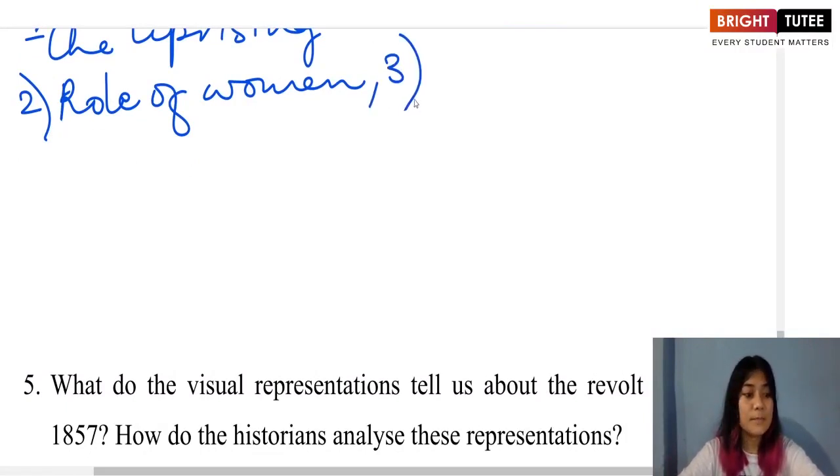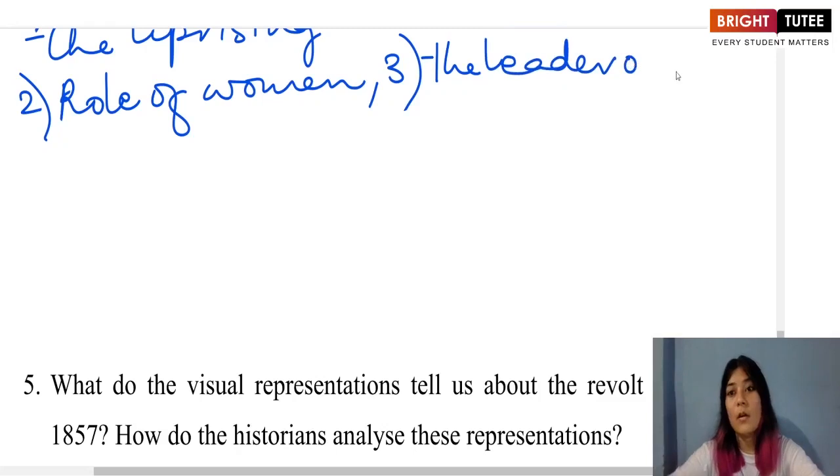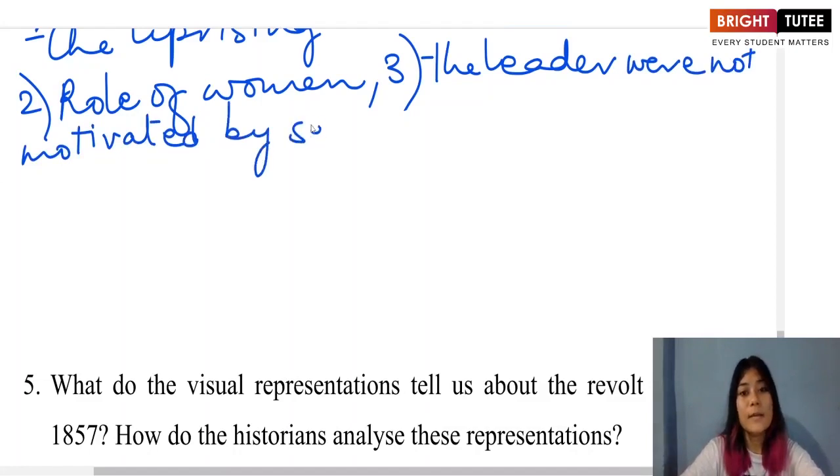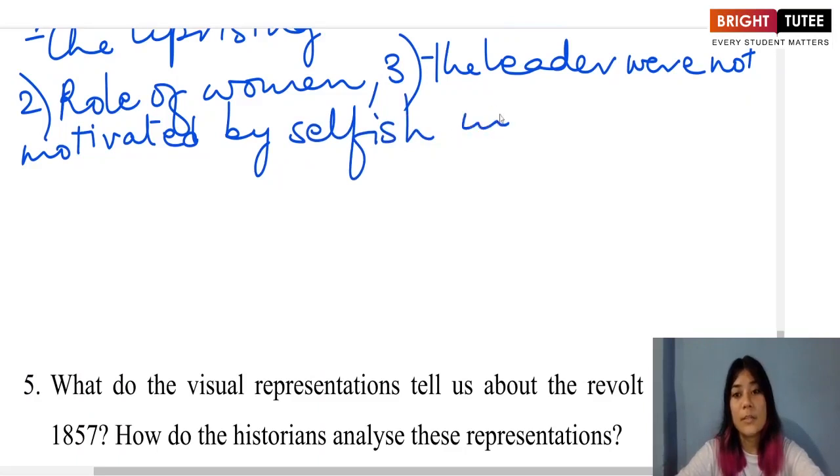Number three, the leaders of the uprising were not motivated by selfish interests.